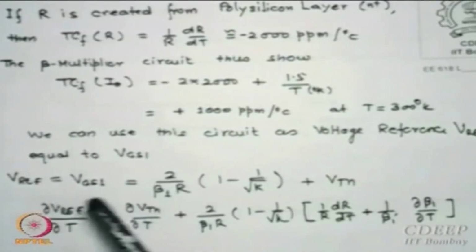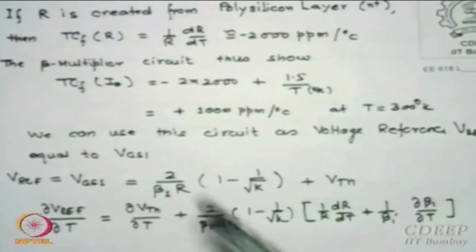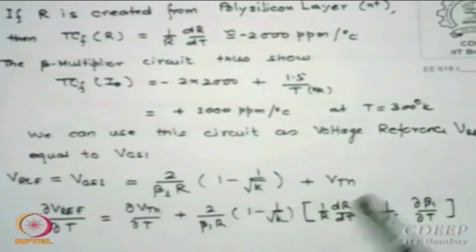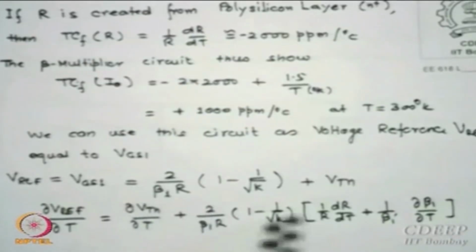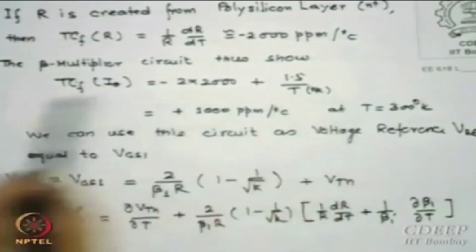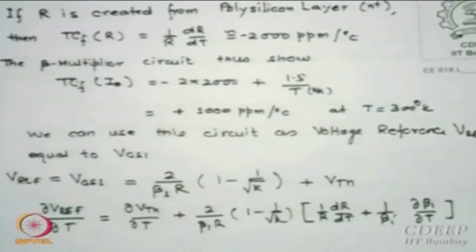So V reference is taken from VGS1, which is 2 upon root beta R1 by K plus VTN. I differentiate this V reference value with temperature. So I get dVTN by dT and the 2 beta R term, which I have differentiated. That expression I have anyway written to some extent as 1 upon V reference times it.